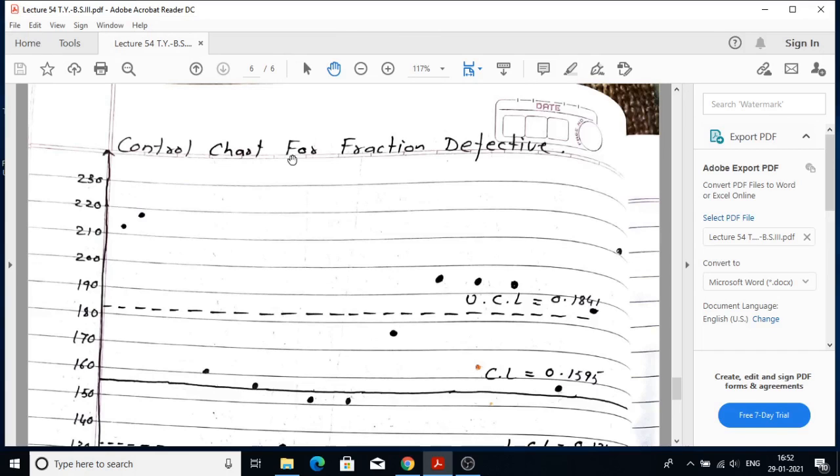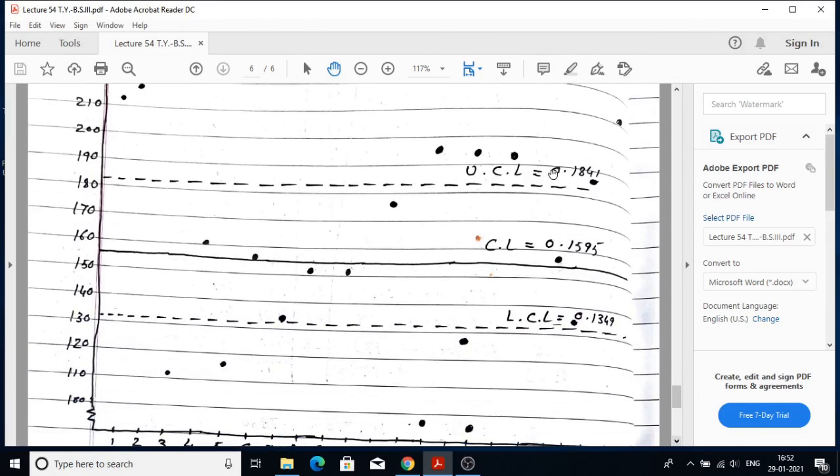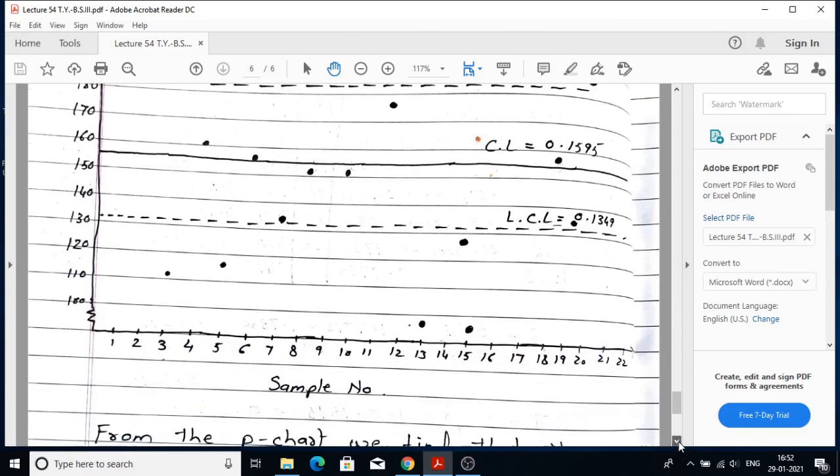So control chart for fraction defective we are drawing here, and we can observe that many of the points are falling outside the control limits. So some are below lower control limit and some are above upper control limit.